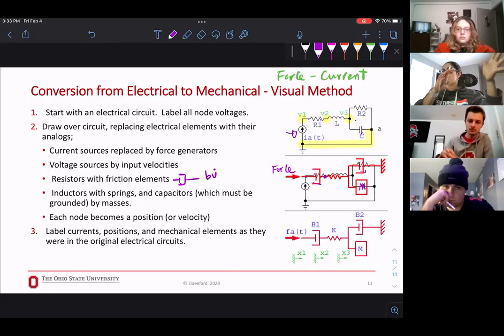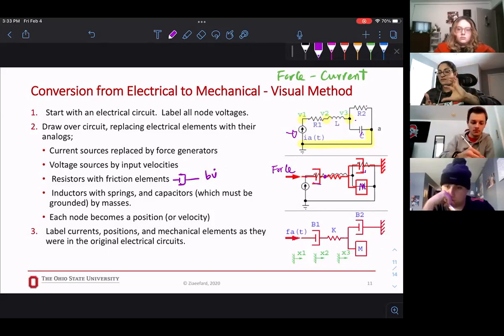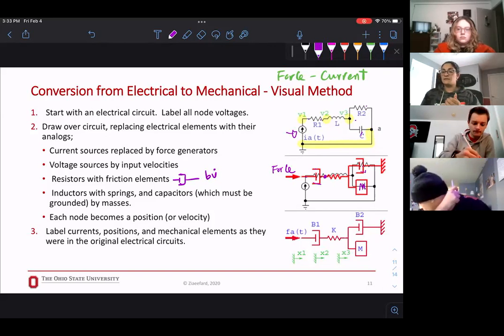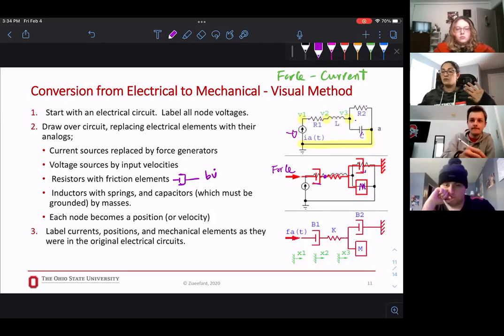So everything is just being translated into a different system. It just shows differently. Does that make sense? So this is how you go from electrical to mechanical system. I didn't write any equation.